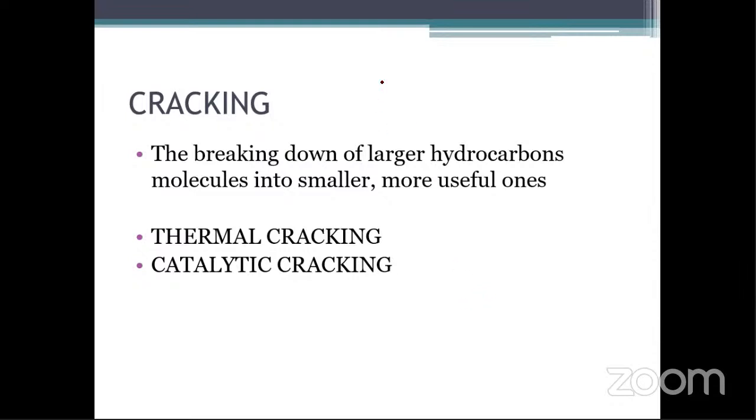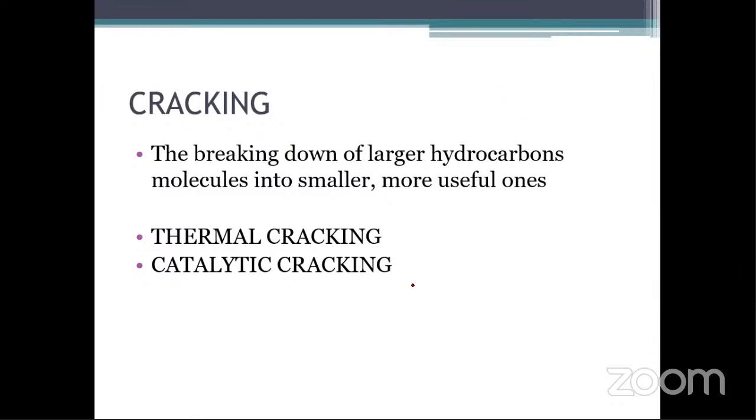I guess thermal cracking is the use of heat to pressurize the carbon molecules to become smaller. And catalytic cracking is probably using some other substance to force a certain reaction to cause it to become compact, I guess.